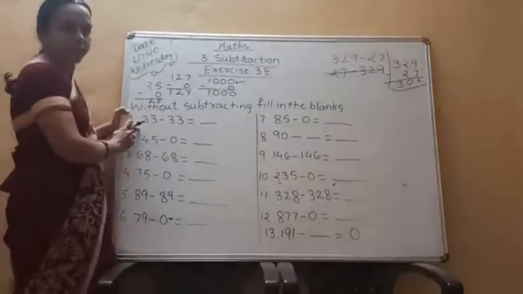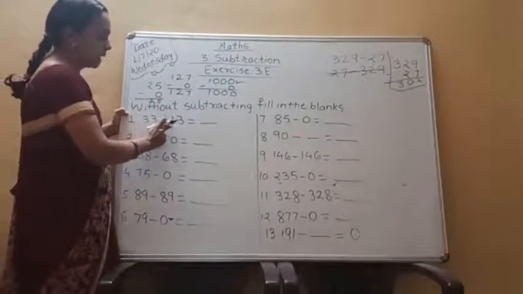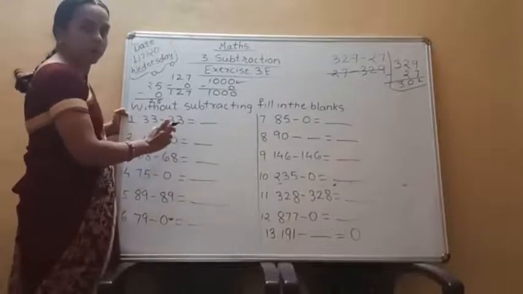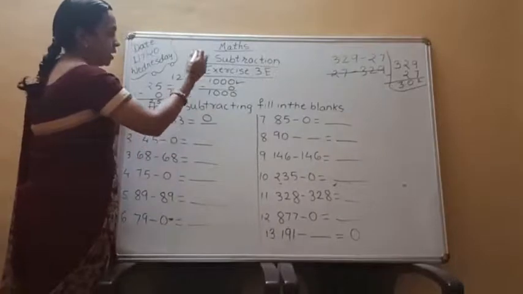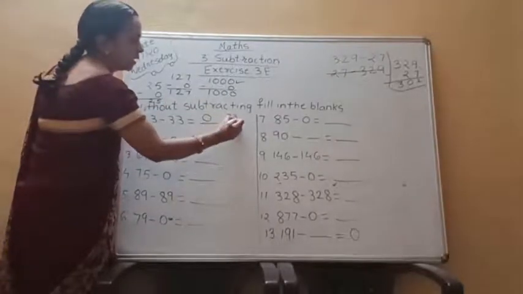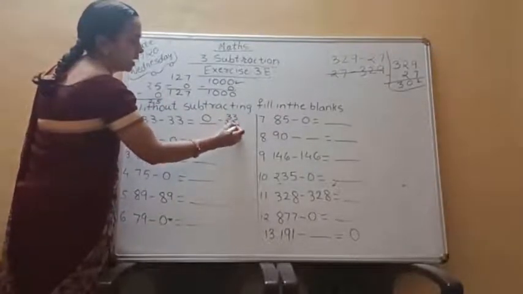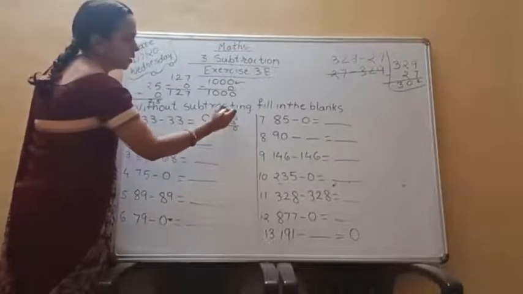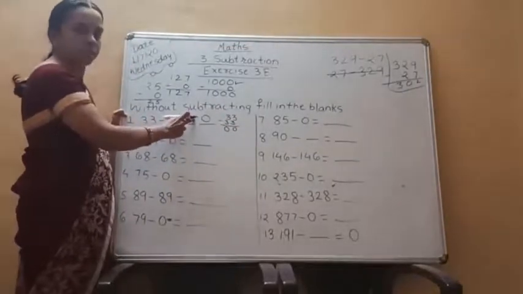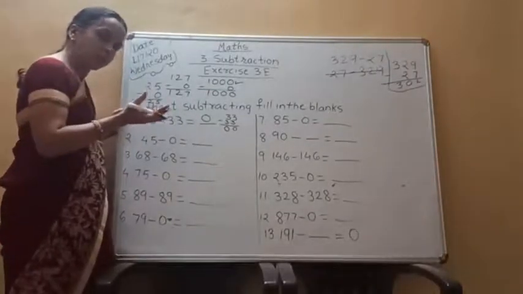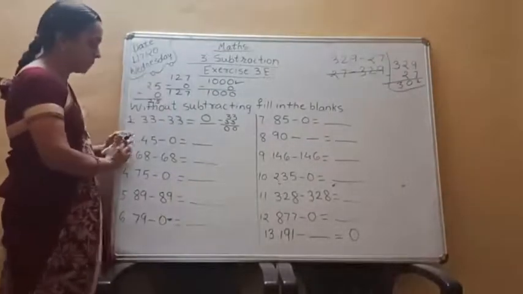We will see one by one. 33 minus 33 equal to how much? 0. See, 33 minus 33, 3 minus 3 is 0, 3 minus 3 is 0. So we can write only one 0. Only one 0 is also sufficient. That is also correct.